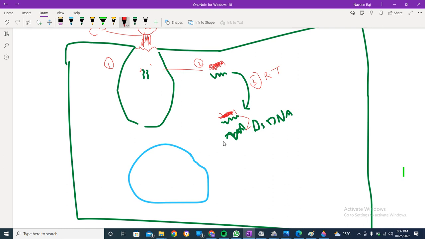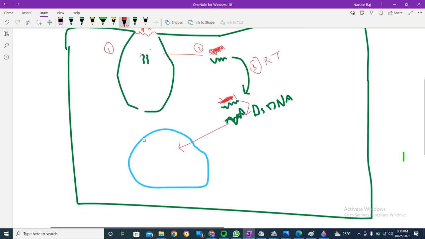Once it is here, now it does transcription, not reverse transcription, simply transcription, DNA to RNA, mRNA transcription.